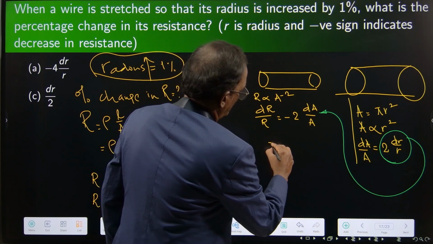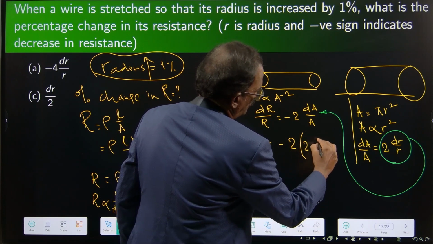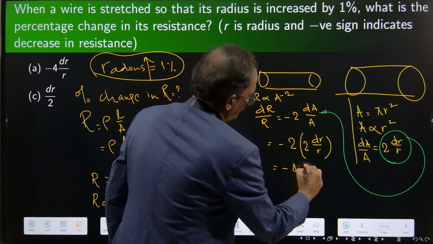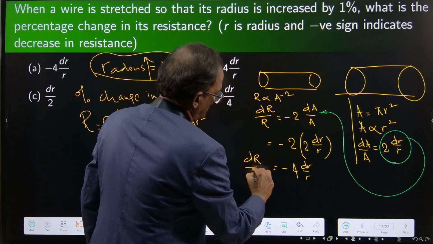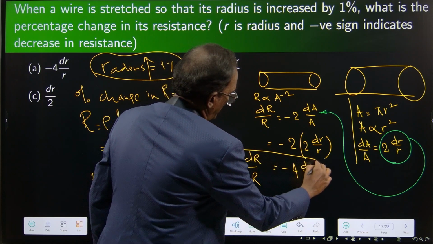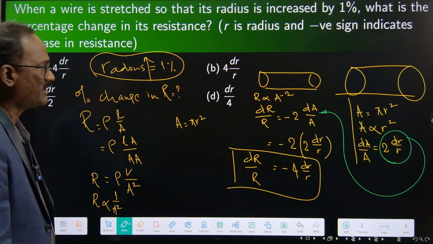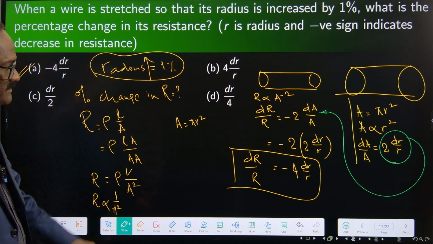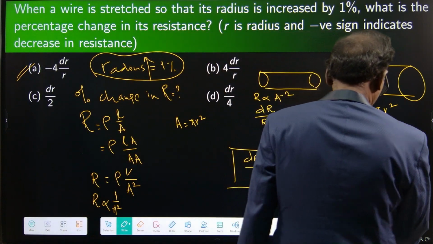So this will be minus 2 into 2 into dr by r, so this is minus 4 dr by r. The change in resistance is minus 4 dr by r. Option A, it is decreasing. The change in resistance value is decreasing.